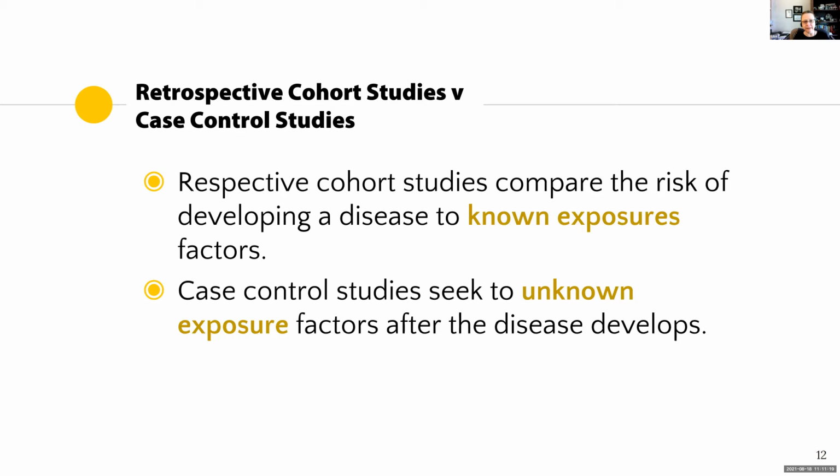They've got people who are already sick, and now they're going to go back and look to see what maybe they were exposed to. That's a key difference between a retrospective cohort and a case control study: there's a known exposure in one and an unknown exposure in the case control study. That's high yield.